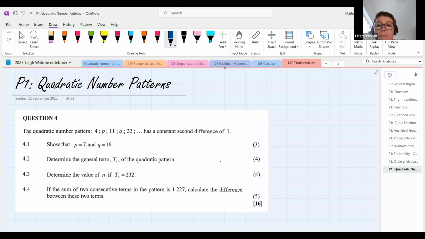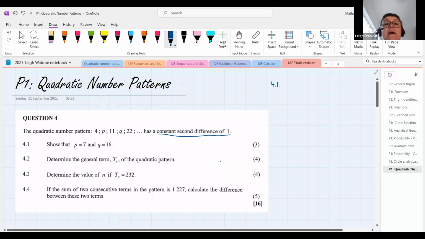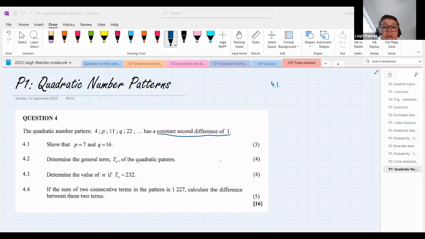What do you think? Okay, so find the first and the second difference. Well, they've told us what the second difference is, haven't they? They've told us that there is a constant second difference of 1. So we don't have to find that, but maybe we have to use it.